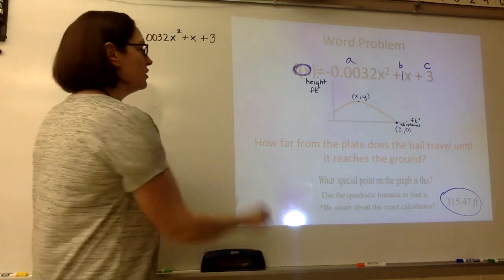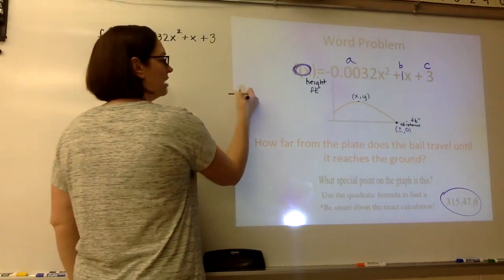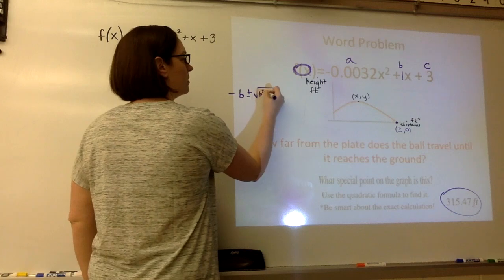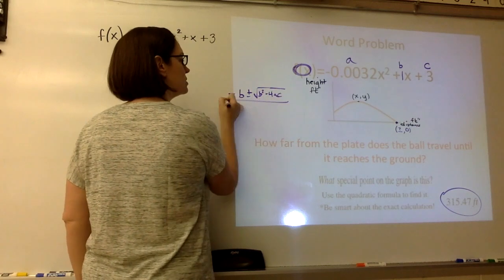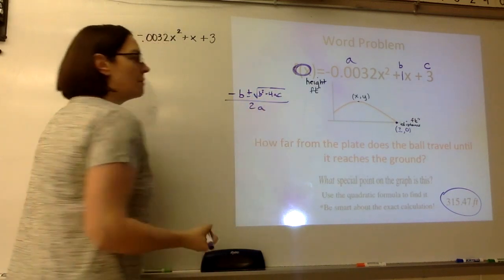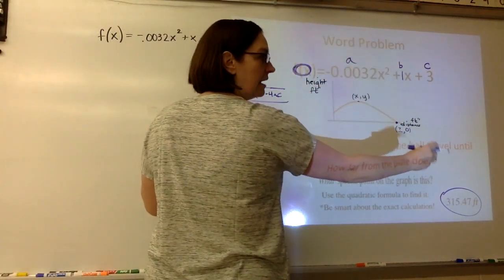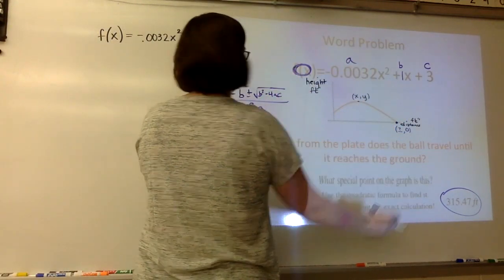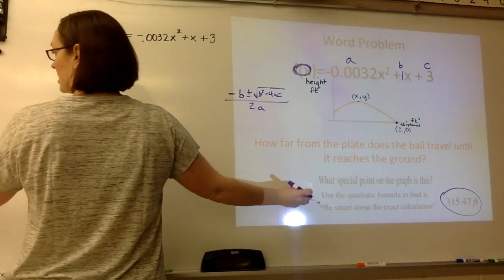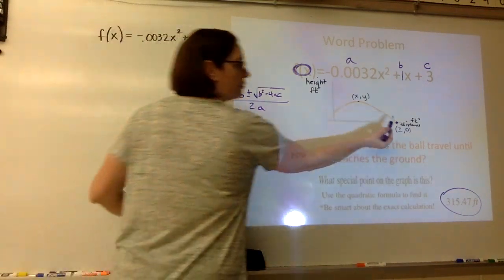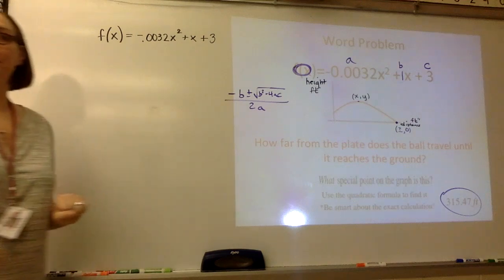When you do that, you're going to get negative b plus or minus the square root of b squared minus 4ac, all of which is over 2a. Remember, you're going to get the plus the square root, which is the right side, and then you're going to get a minus the square root, which is going to be the left side. We want the right side in this case.